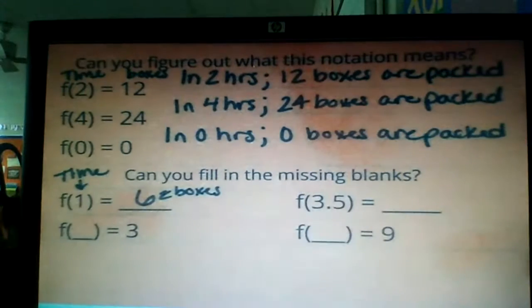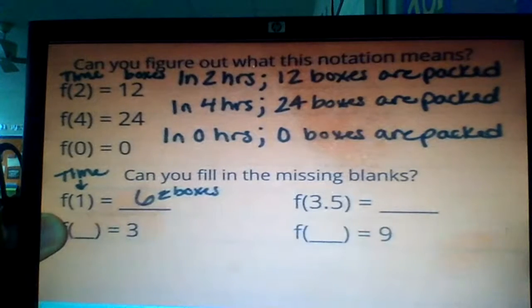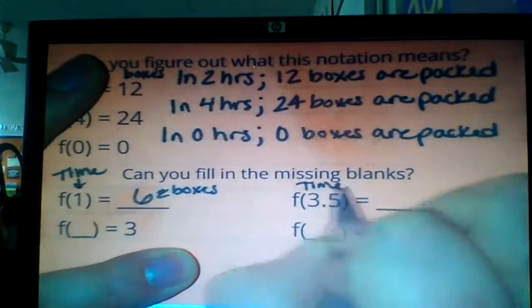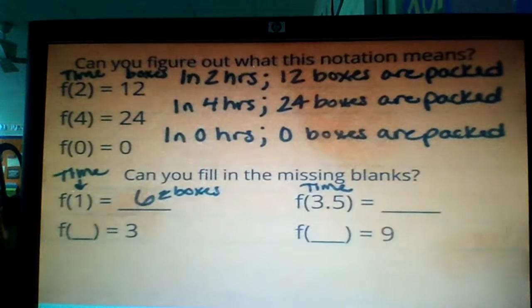Okay, let's move over to f of 3.5. 3.5, that's a half. So this is your time. 3.5 hours have passed. So we've packed how many boxes? 18.